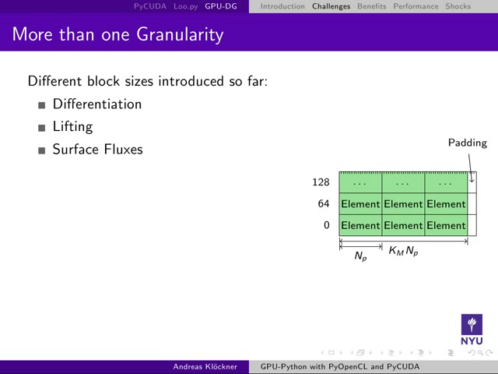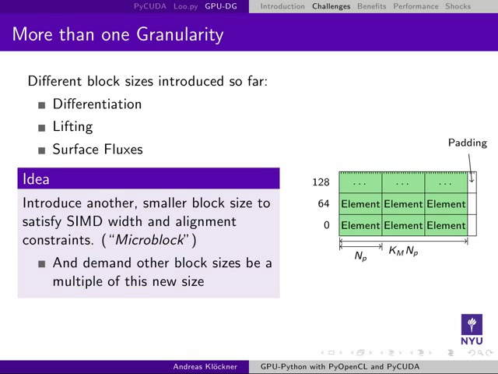Well, here's at least one approach. Instead of trying to cater to each individual part's favorite granularity, you make a minimal granularity that you can get away with, that allows you to just about fill your SIMD and just about satisfy your padding requirement.